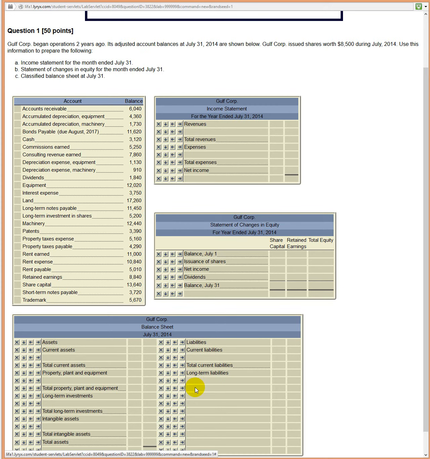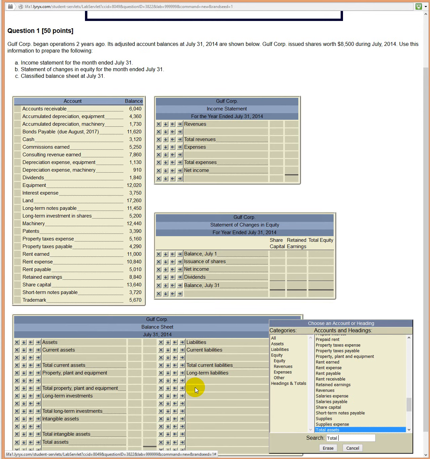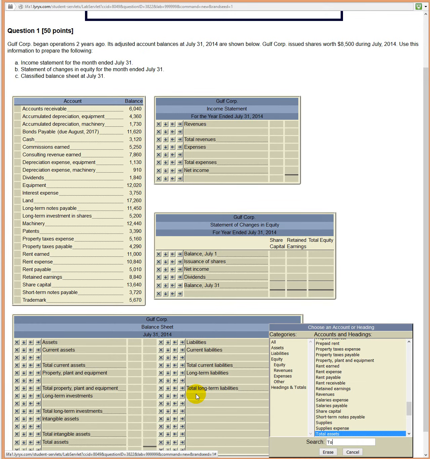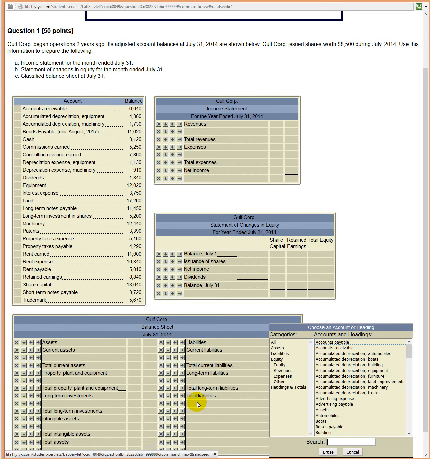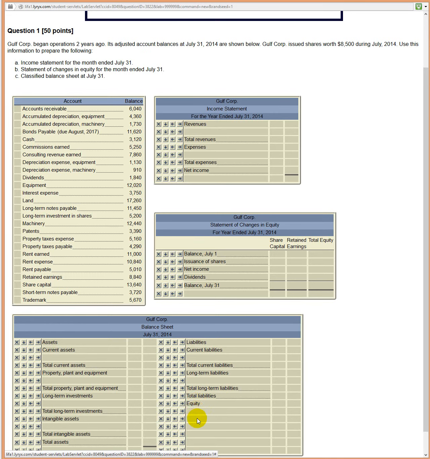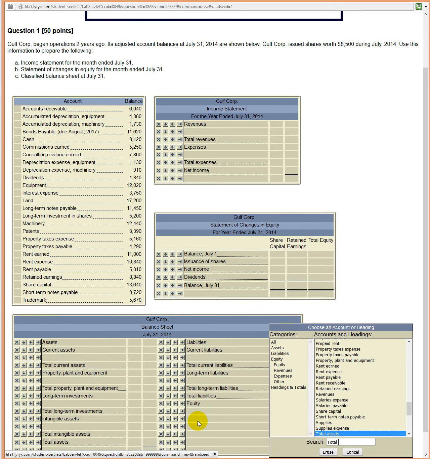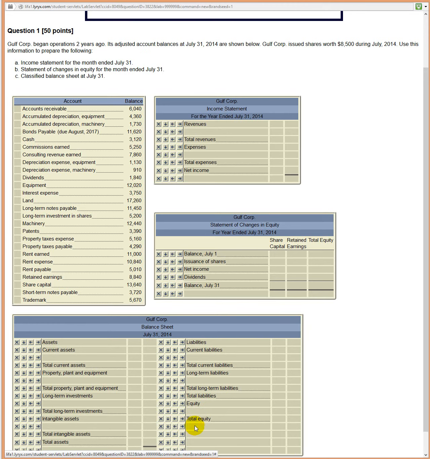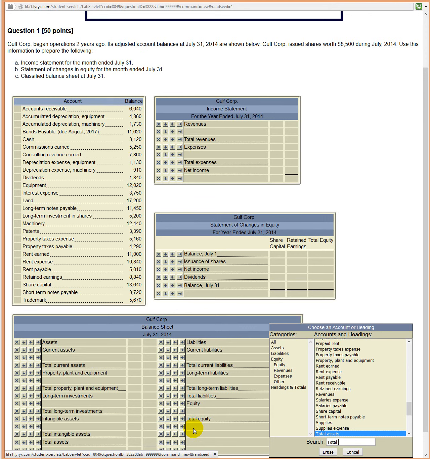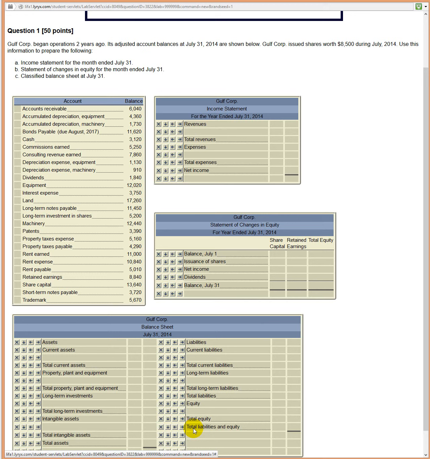And then we'll have total long-term liabilities. And then we have total liabilities, followed by equity. And then we have total equity, followed by total liabilities and equity. So that should be all the pieces.